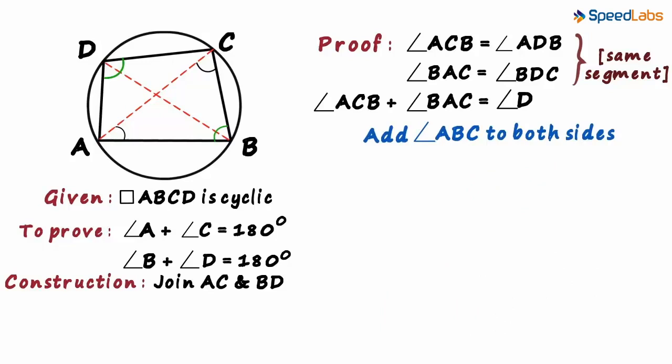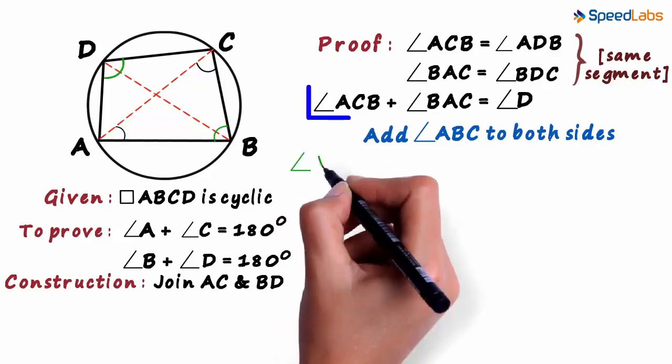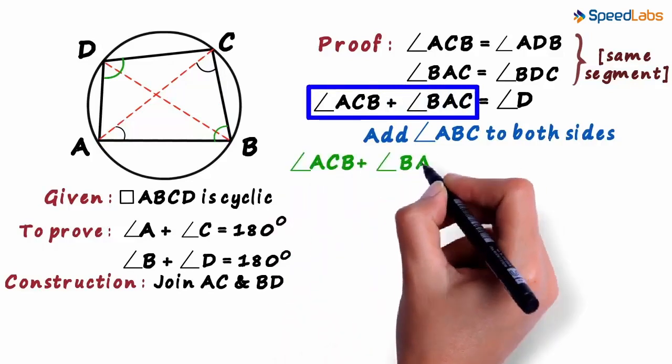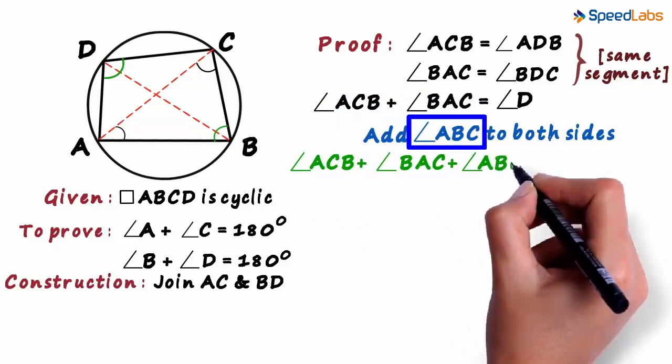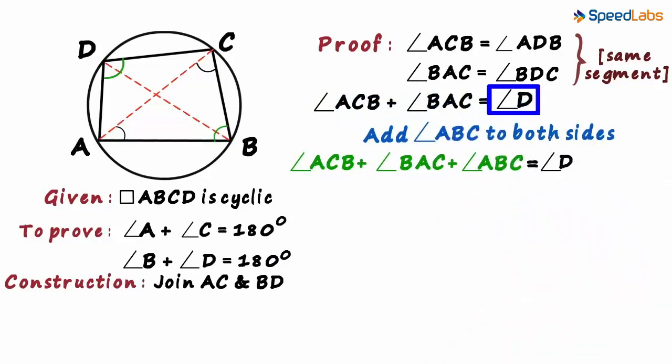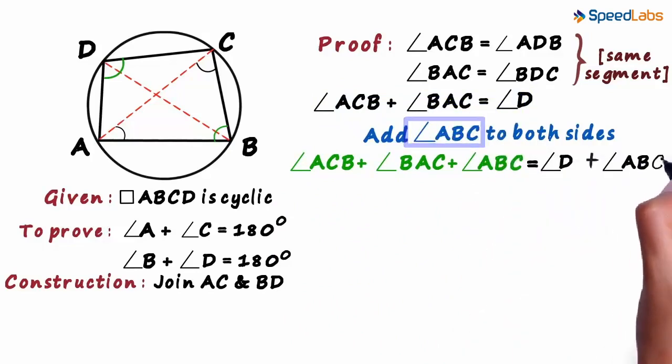This was one of the most crucial steps in this proof. You will realize that angle ABC is the only angle that is left out and we are looking for 180 degrees. With this step, we get angle ACB plus angle BAC plus angle ABC equal to angle D plus angle ABC.